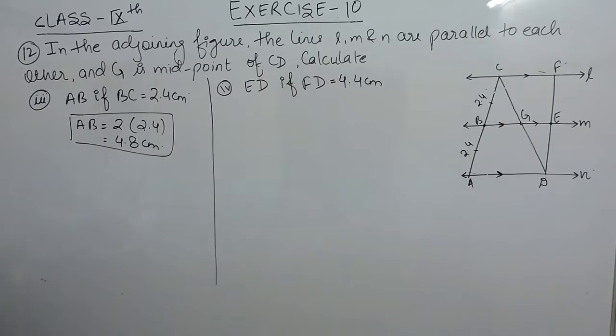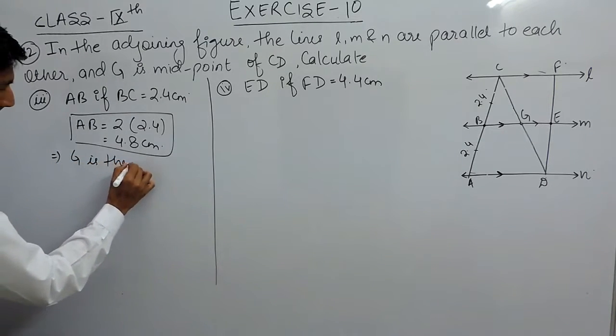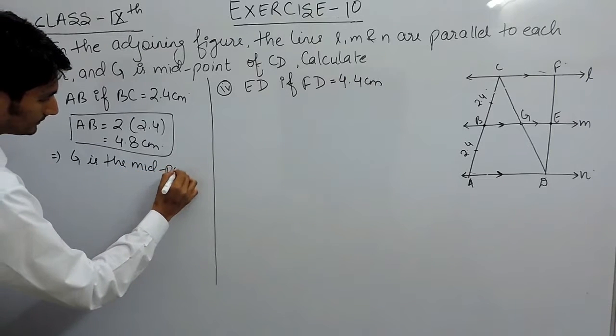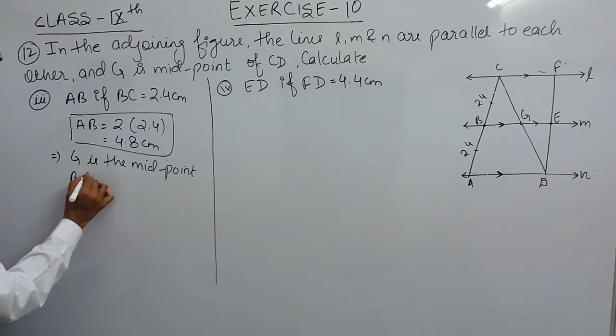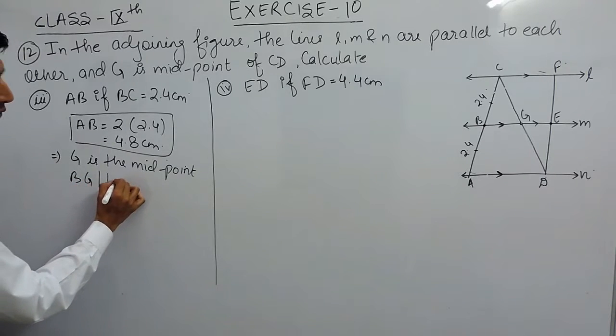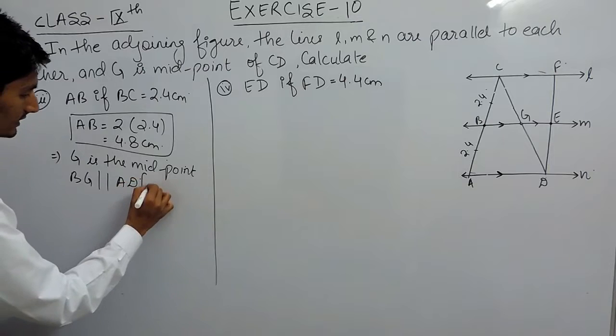Here the value of AB must be equal to 4.8 centimeter. If you want, I can write it for you. G is the midpoint and BG is given parallel to AD. This is given to you.